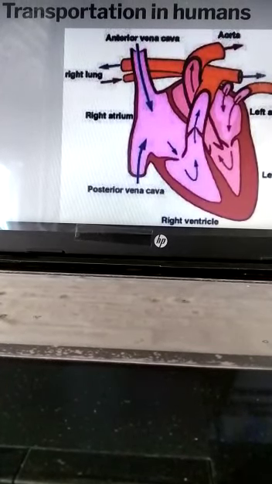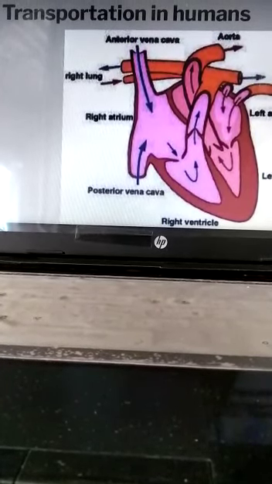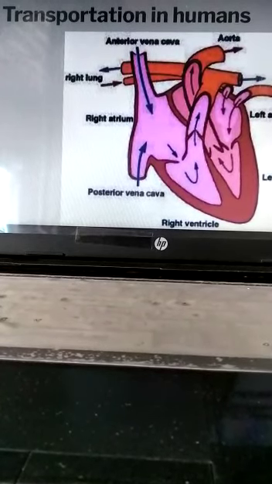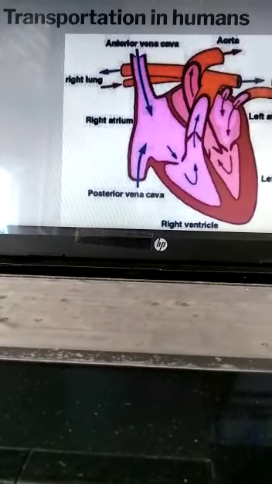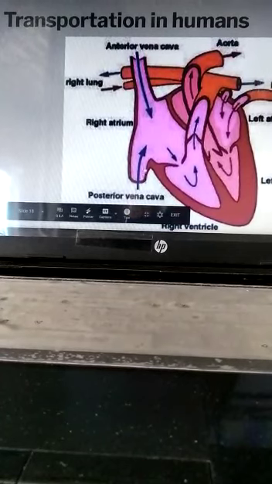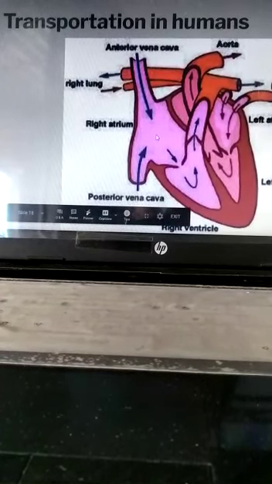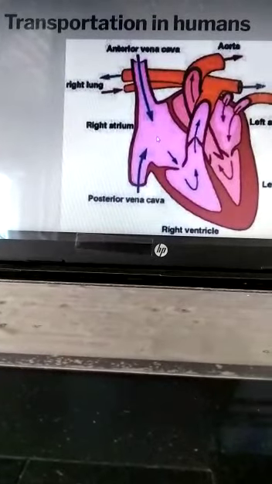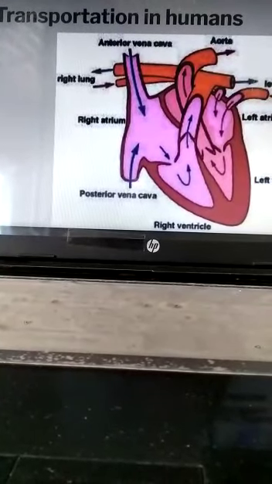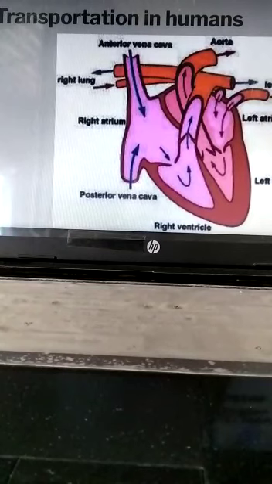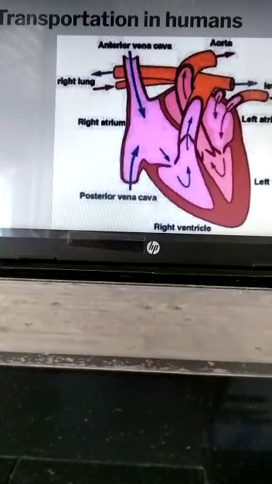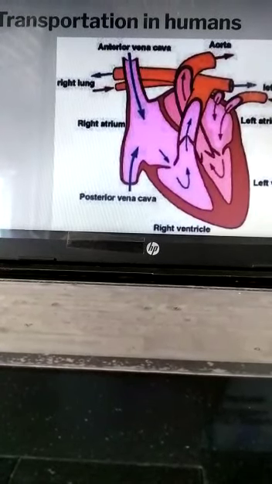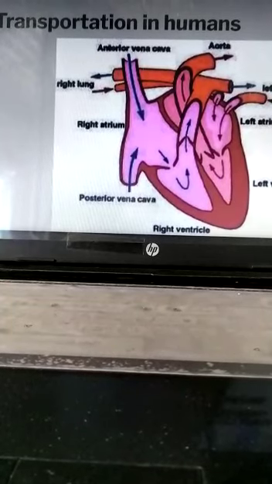The deoxygenated blood from the body organs enters into the main vein called vena cava. The main vein carries the deoxygenated blood to the right atrium of the heart.